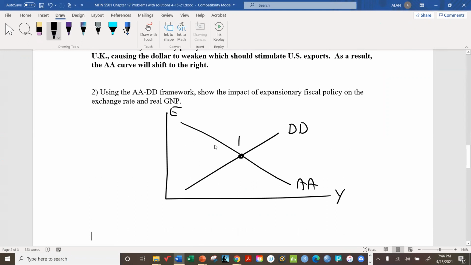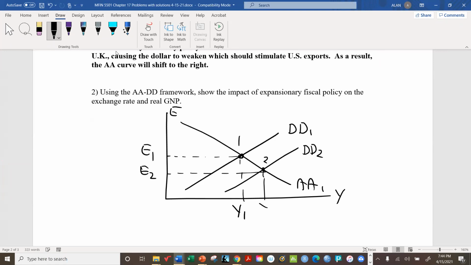So starting from point 1, we would expect that expansionary fiscal policy stimulates the economy. Whoops, I almost got the wrong one. That means the DD curve should shift to the right. And we'll end up with a stronger dollar and higher GDP or GNP. All right, so that's our graph.